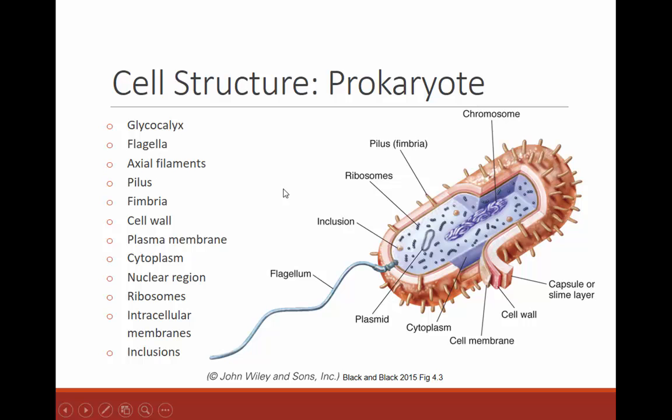Okay. Then we've got the pilus. Remember I said that genetic material can be exchanged from one cell to another. There are specific types of pilus, or pili. These pili are just extensions of the cell.